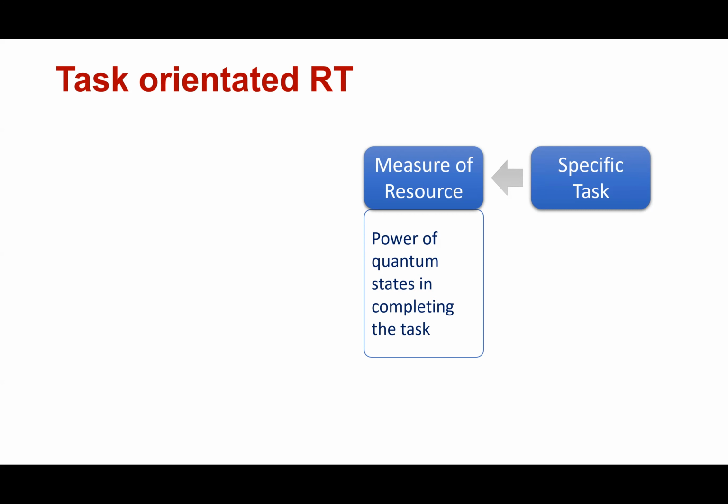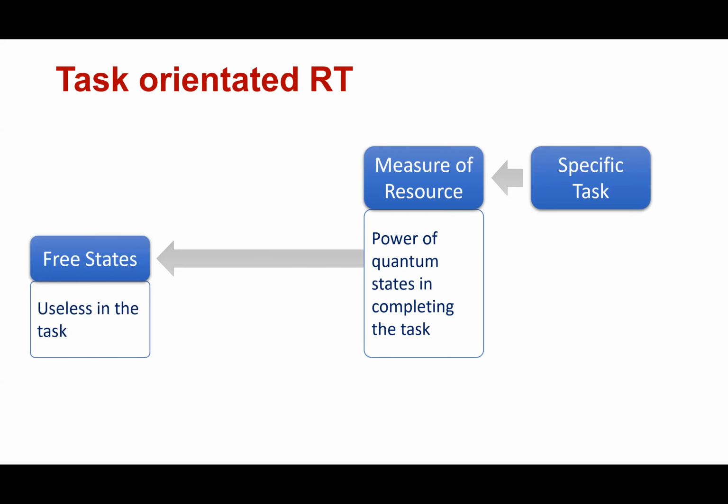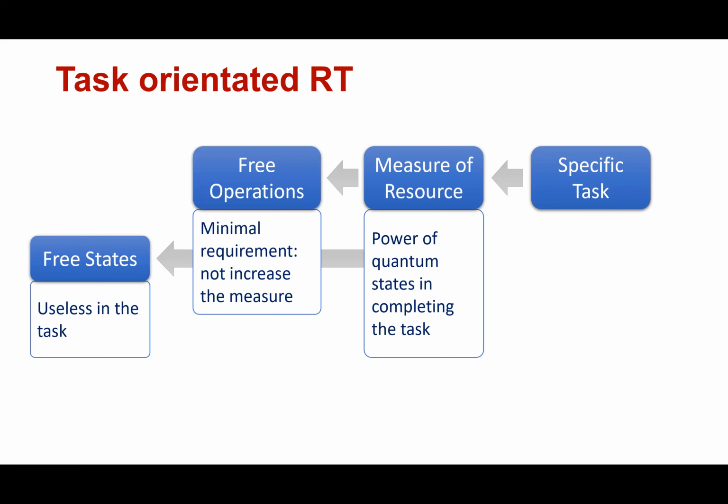And from the resource measure, we can define free states as those useless in the task, and the minimal requirement for free operations is that they do not increase the measure. So far, it's very easy.